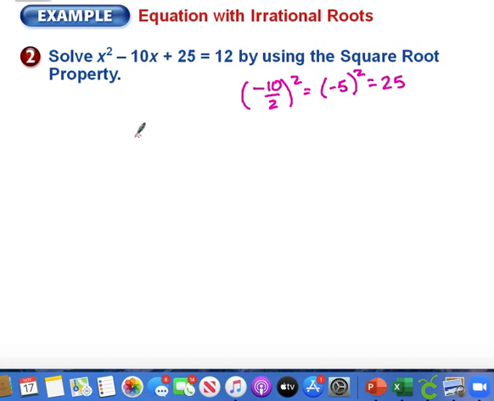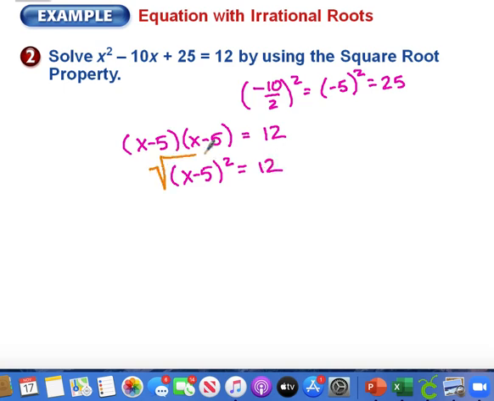So from there, I'll factor into x minus 5, and x minus 5 is equal to 12. Or it's x minus 5 squared equals 12. Once I have it in perfect square form, I can square root both sides. So that's going to give me x minus 5 equals positive or negative.